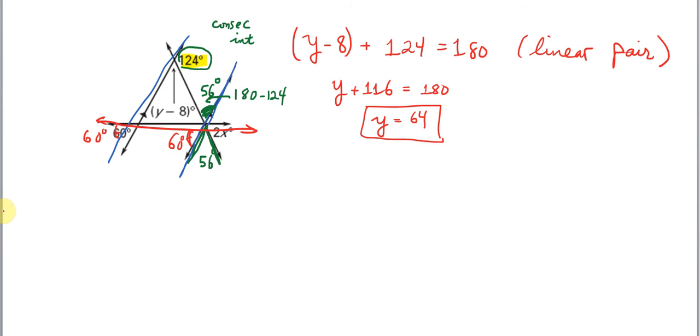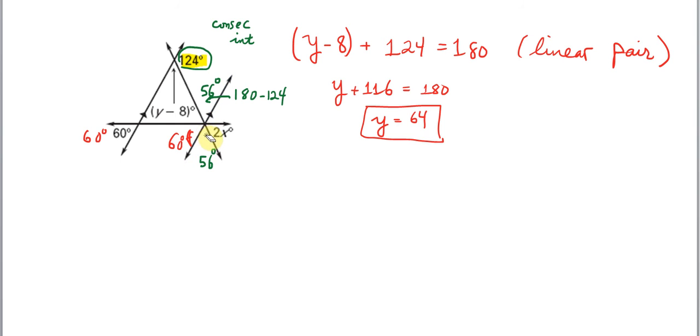Now things have gotten really messy and complicated, but I have some angle measures that I figured out. So I'm going to erase all this other stuff so that you might be able to visualize things a little bit better. I'm going to take away all of this extra shading.